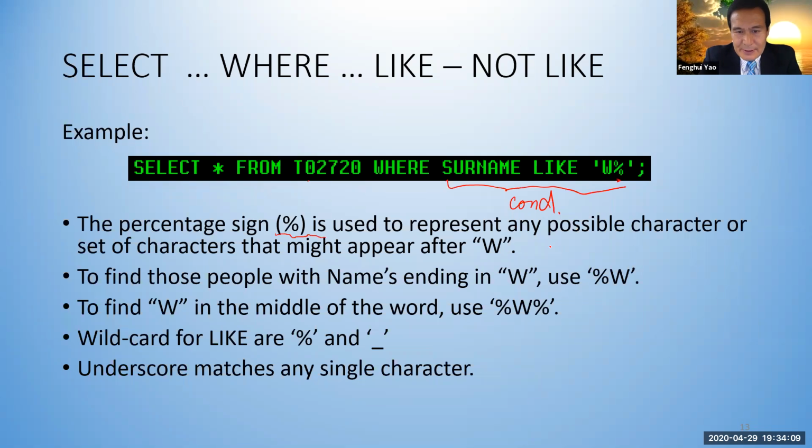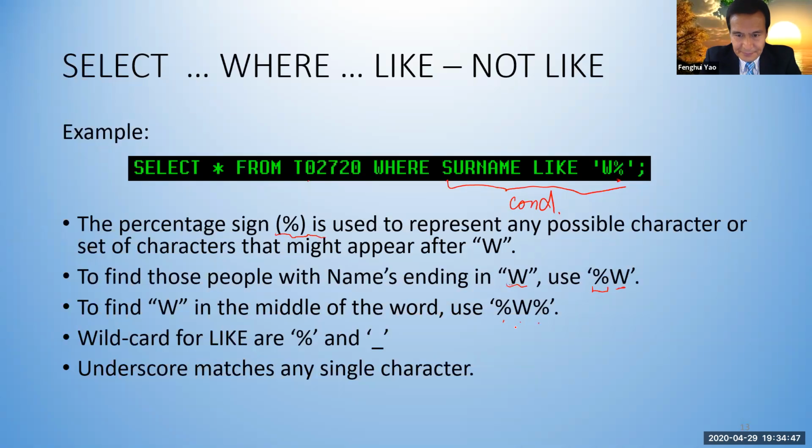So to find people with name ending with W, then we use this way. Single quotation, percentage. Percentage is called a wild card. Then ended with W. So the last character is W, and this percentage matches any characters. All right, then to find W in the middle of a word, we use this way: percentage, W, then percentage.